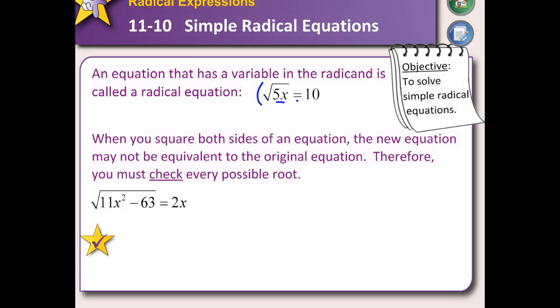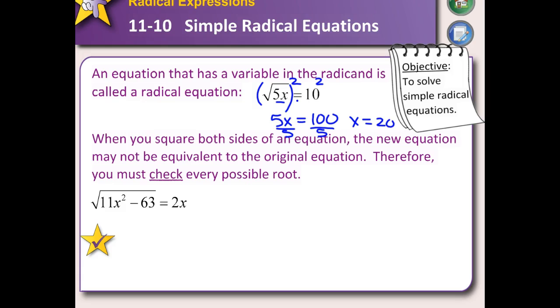That's right, we're going to have to square this. But remember, because of those properties of equality, whatever I do to one side, I do to the other. So this is going to be 5x equals 100. Then I have to divide both sides by 5 to get x alone. So we would say x equals 20.